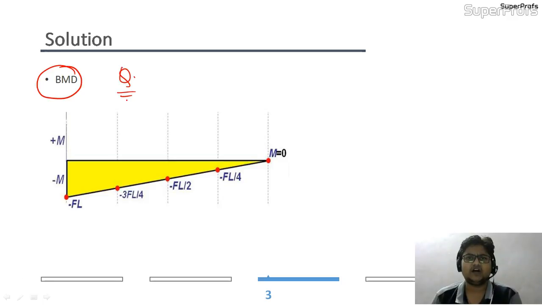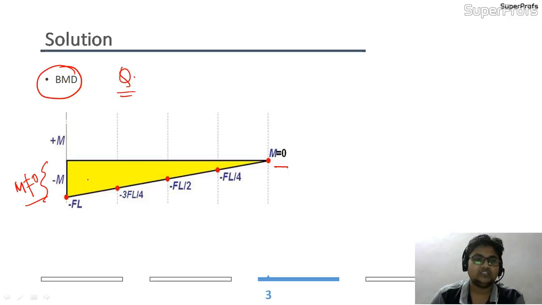Now, first of all, the first and important observation that you have to make is, you have to see what is the end condition of the bending moment diagram. I mean to say, here you can see that bending moment is not equal to 0, and here bending moment is 0. So the first conclusion that I will make from here is, one end of the beam is either fixed, or a concentrated moment is acting at that point.